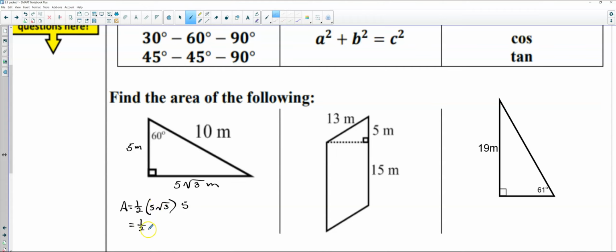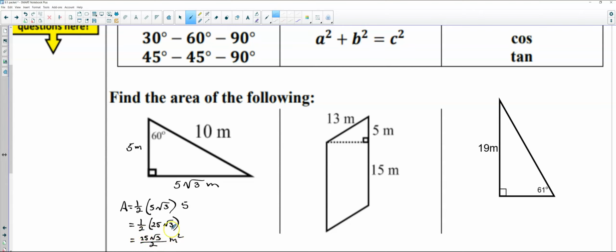So 1/2 of 25 square root of 3, that would equal 25 times 1 is 25 square root of 3 over 2. 25 square root of 3 over 2, and that's square meters. Now that's exact.